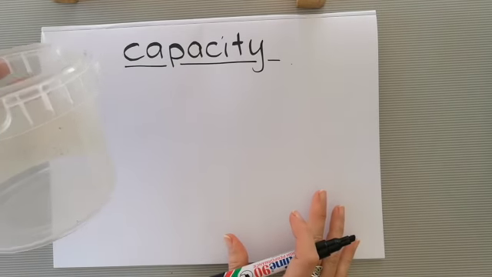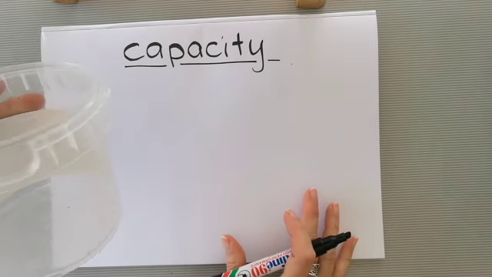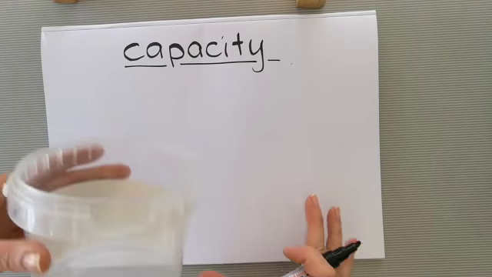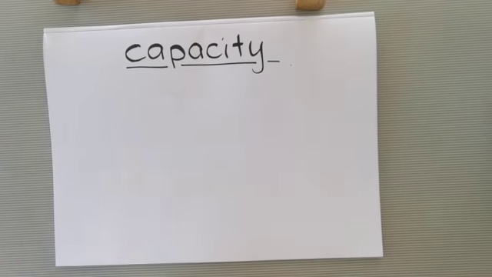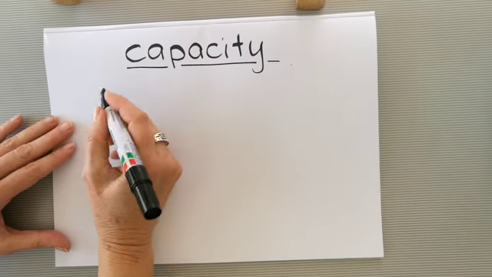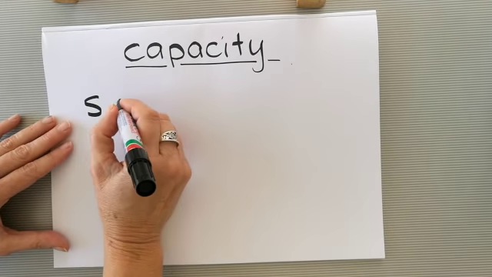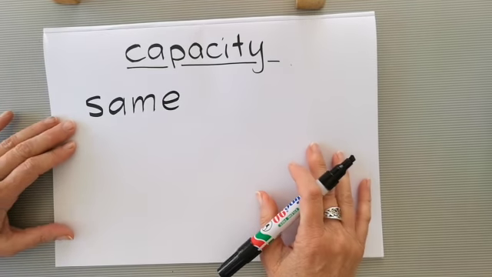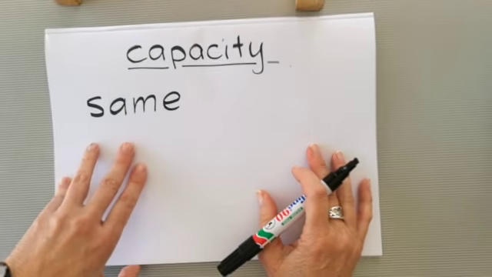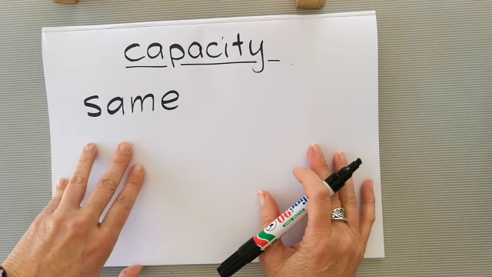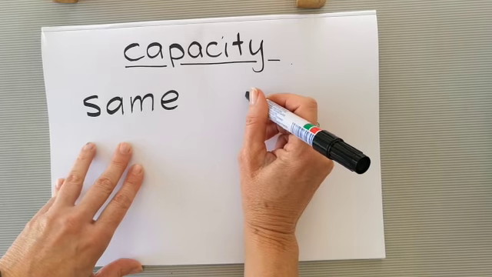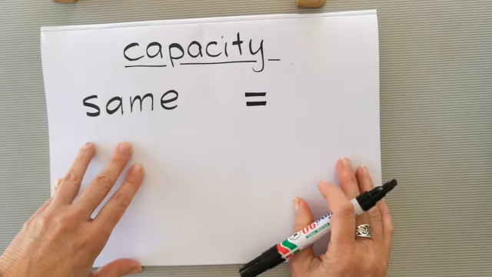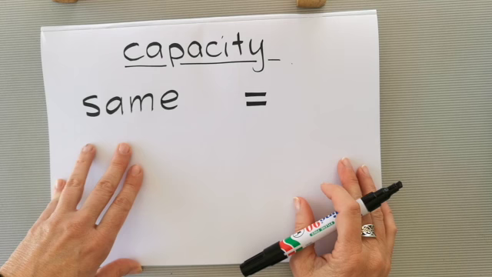We were trying to find the same, and this was the same capacity as Sissy's food bowl. So if we write the word same, this is how it looks. What about a symbol that represents same? I think you know. That's right. Two lines are equals. That means the same.